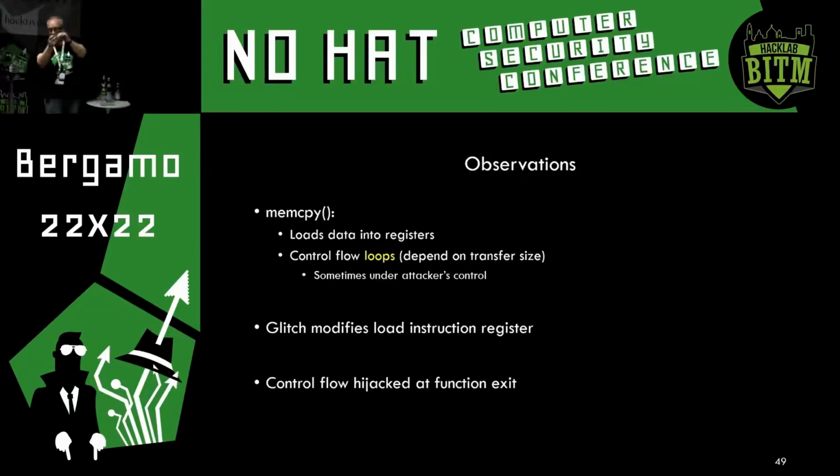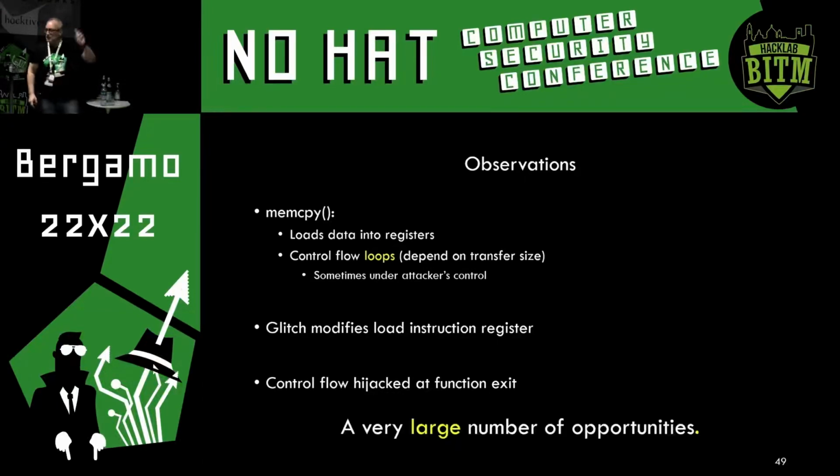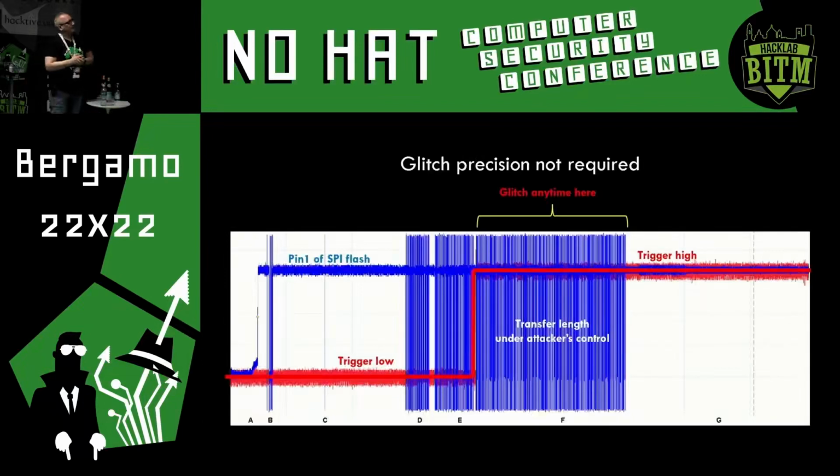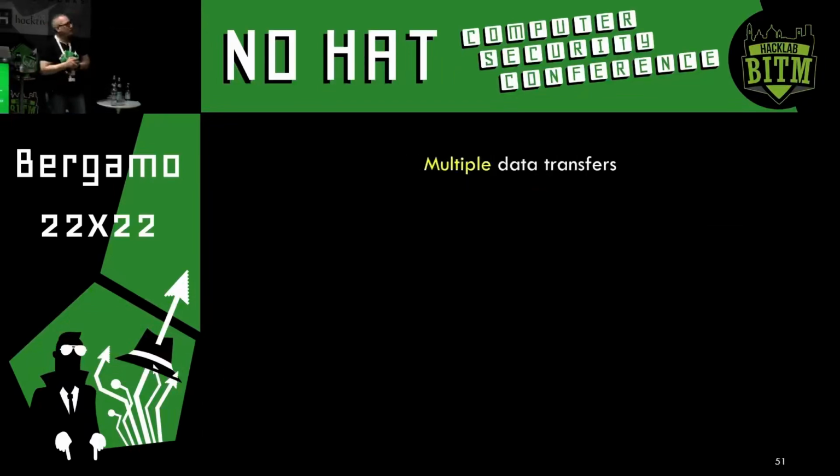And the control flow is affected only at function exit, not during the transfer. So this means that these loops will happen so many times before the function exit that you will have several and many opportunities for glitching. It's not anymore one single point to attack. So basically, you can glitch anytime, anywhere. Or you have a very big window where you can actually glitch.